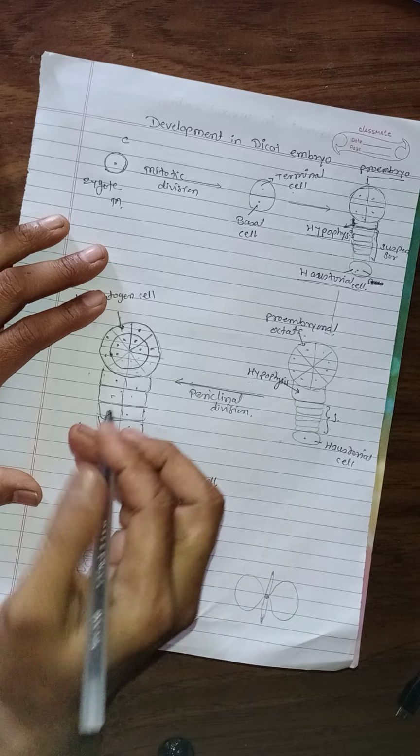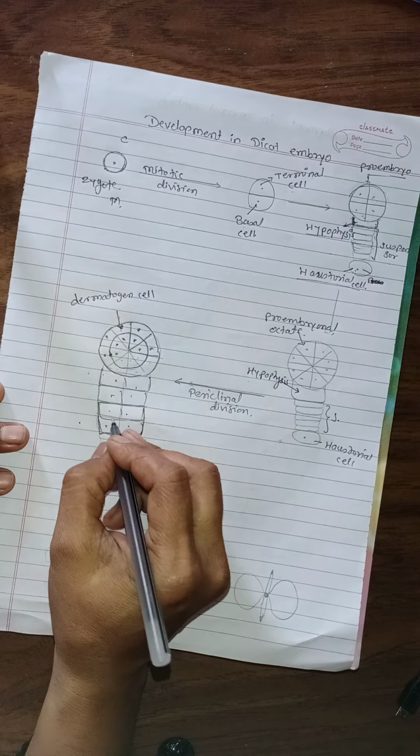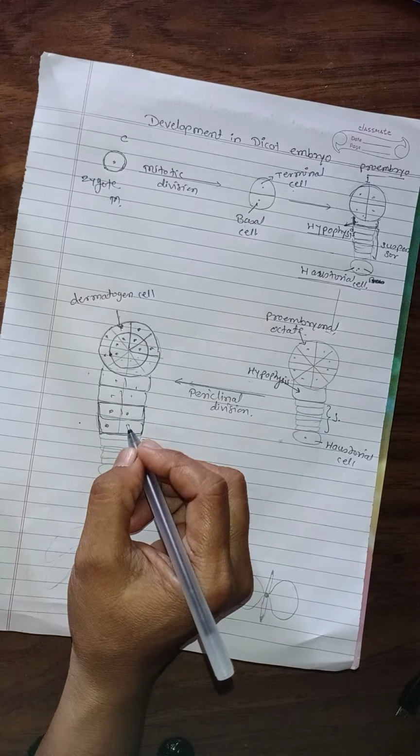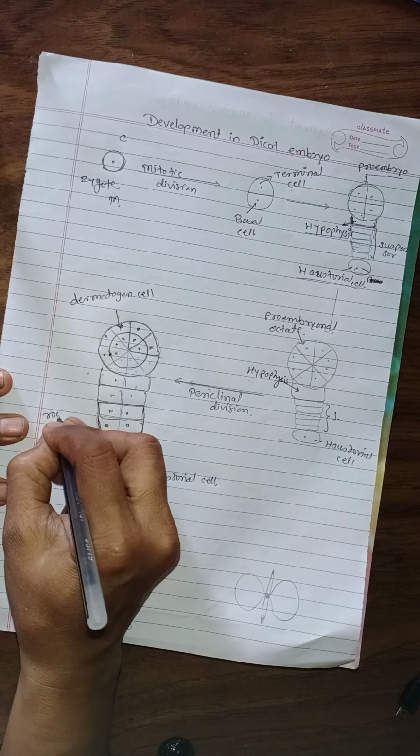Now from these cells, the 4 cells towards suspensor cells give rise to a root cap and a root tip.